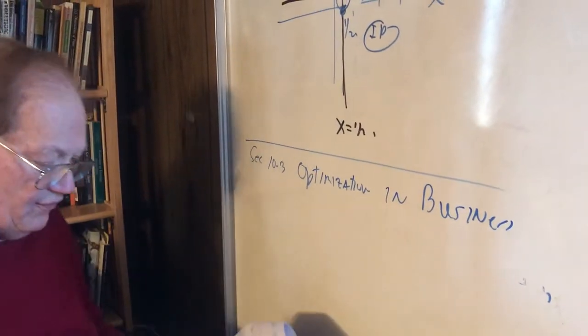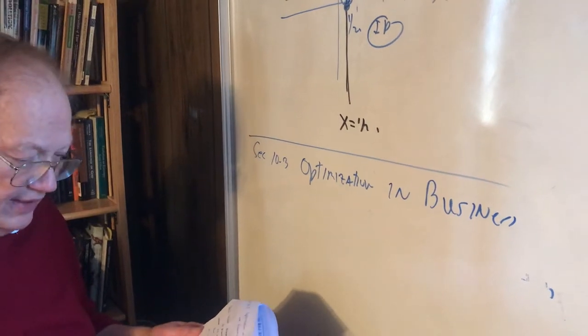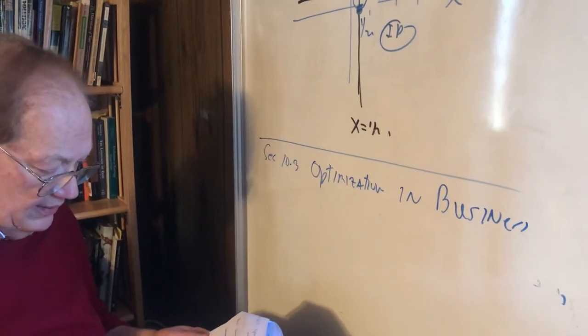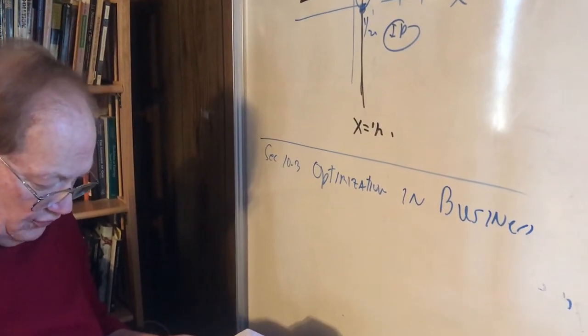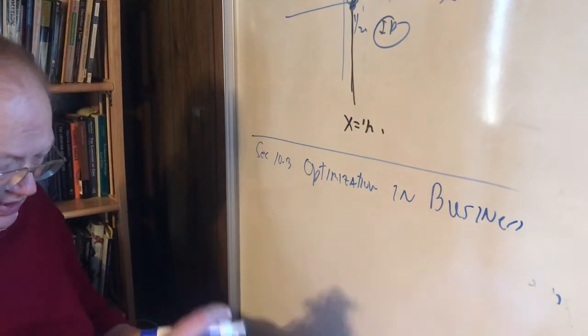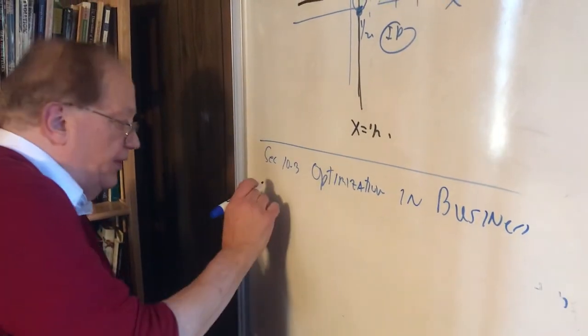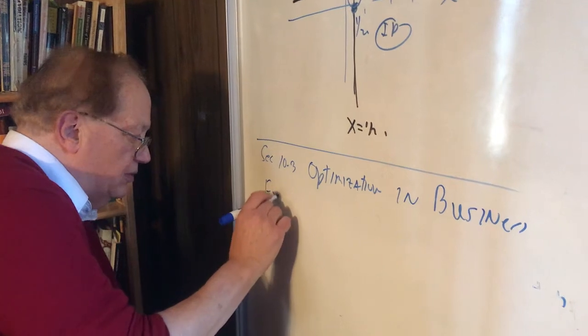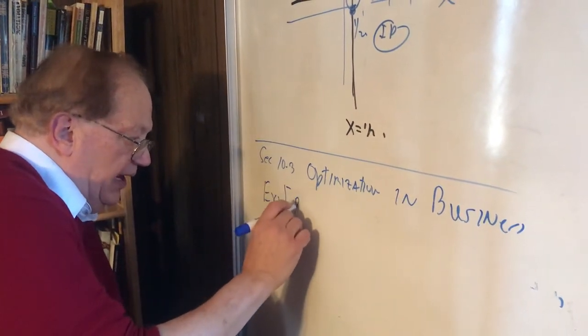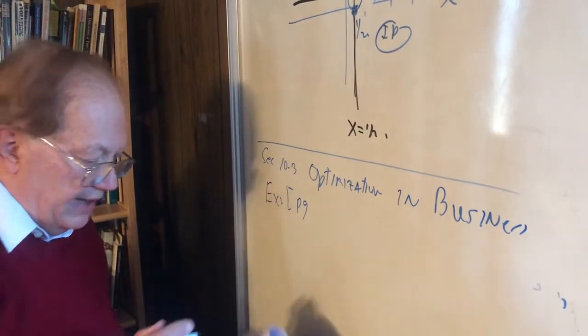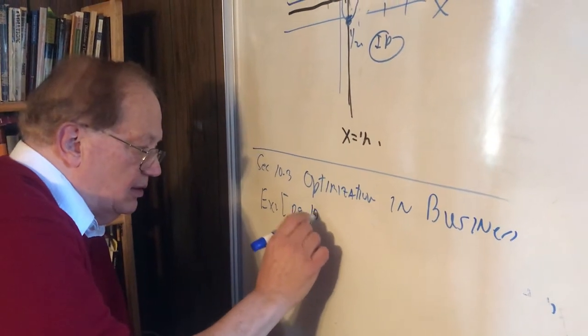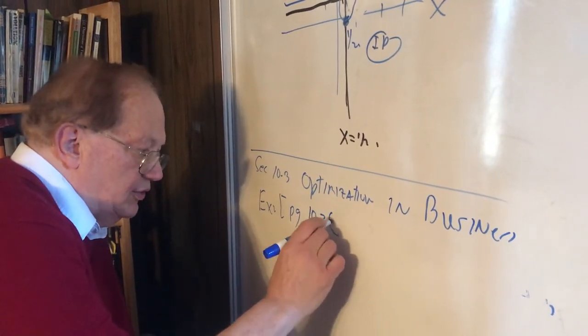So let's take our first example. I'm going to skip the example on 10.3.1. That's a revenue one. You can go through that by yourself. And I'm going to do example 2 on your notes on page 10.3.2.